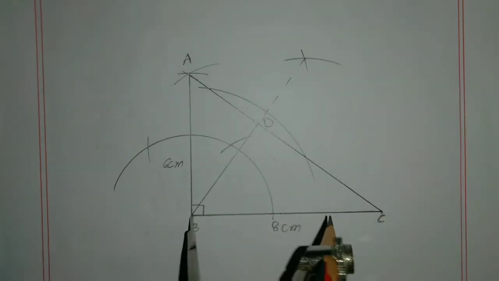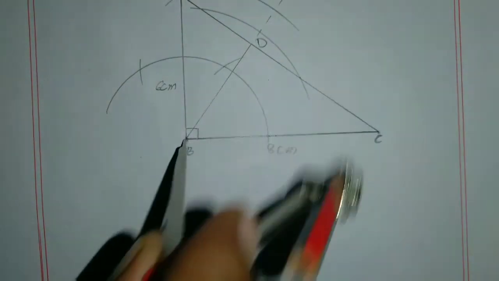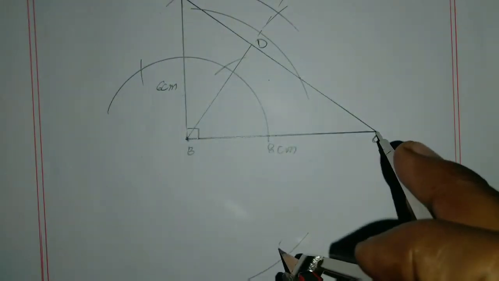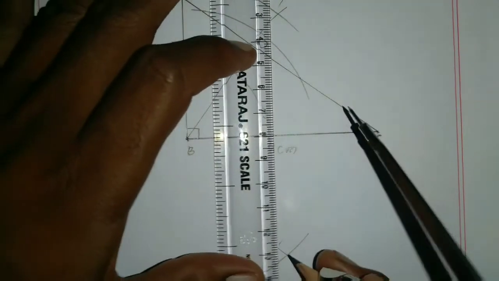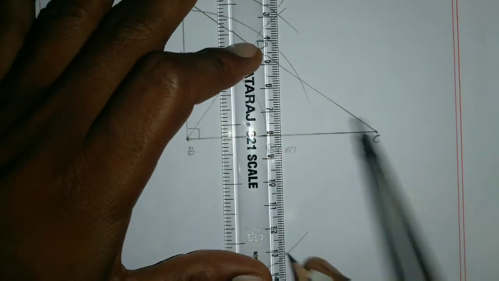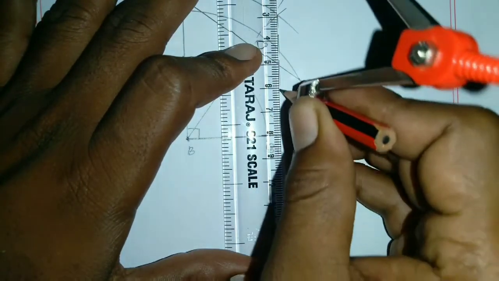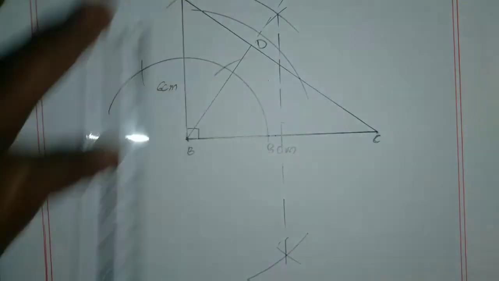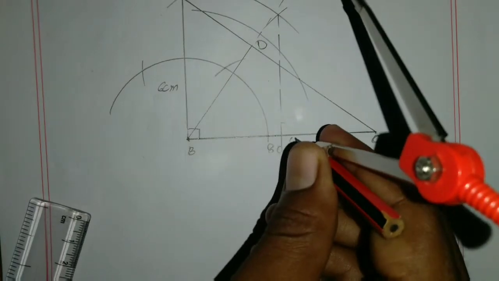Just take more than half and draw an arc upside and an arc downside. Don't change this and keep on these B, C points and you can cut these two. After that you can join these two intersecting points. Okay, so I will join here. This line segment bisects BC at O, I can call. Okay, right.